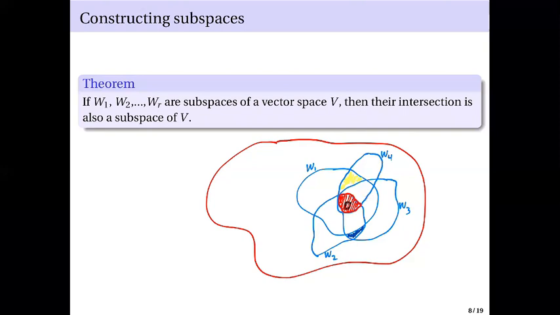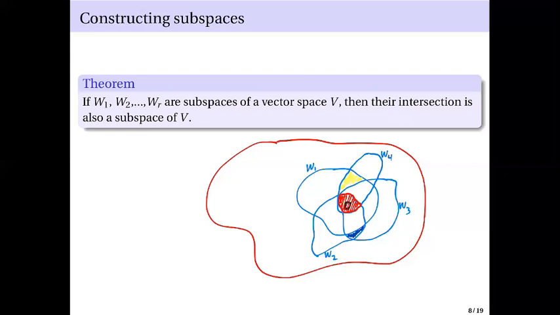Etc. So this shaded part here, the red one, the elements in this part are all inside W1, W4, W3, and W2. So that's the intersection of all of them. So the theorem tells us, if we know these subspaces W1, W2, W3 until Wr, you get the intersection, then that intersection is also a subspace of V.